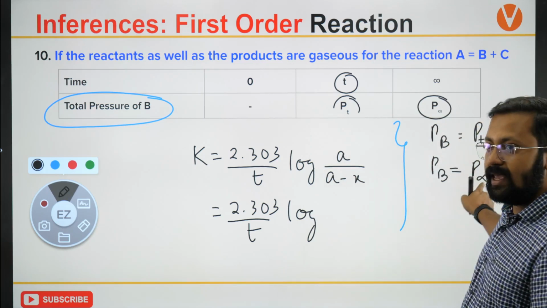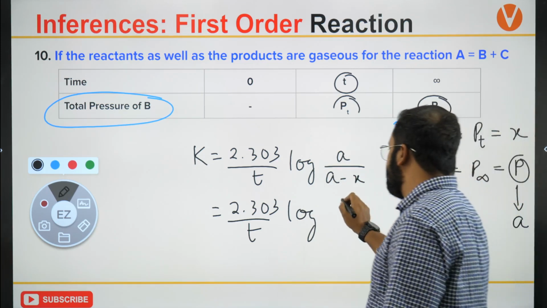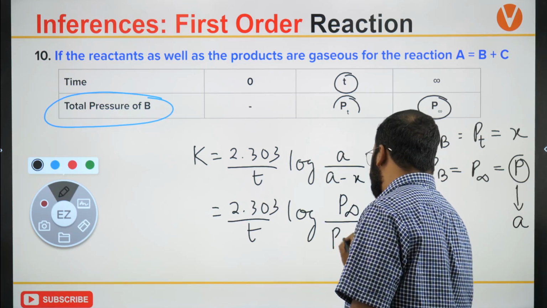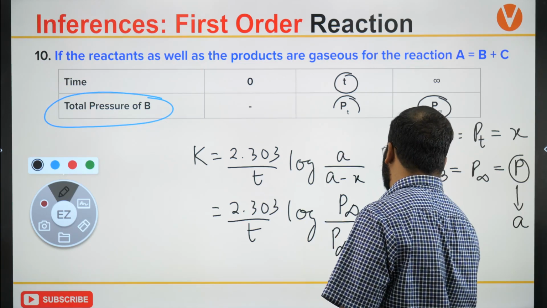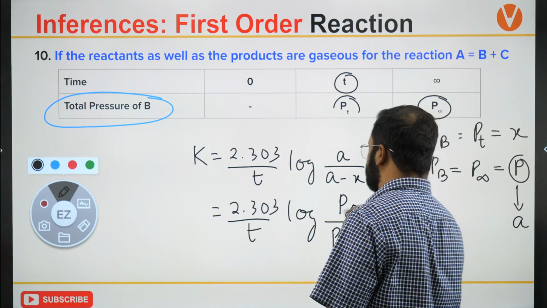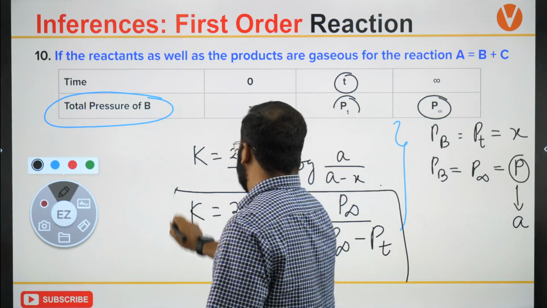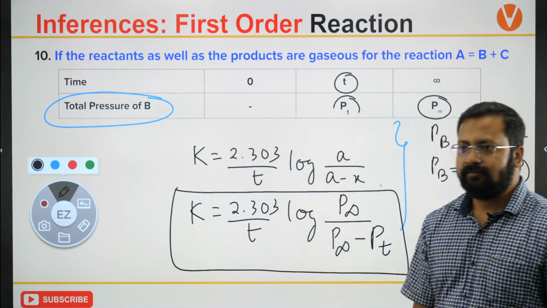A is the same as P, and P is the same as P infinity minus PT. You'll get this.